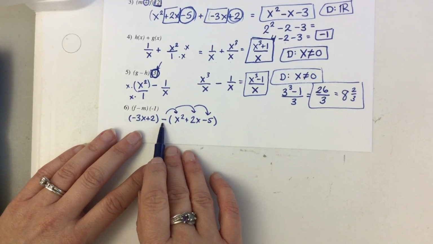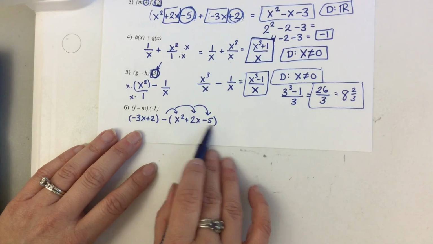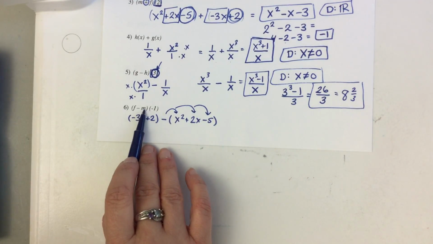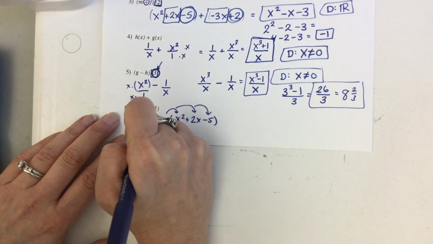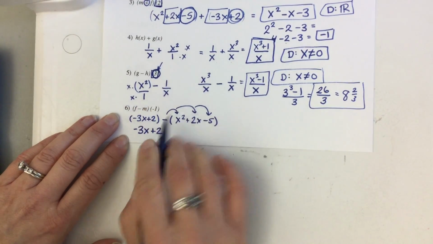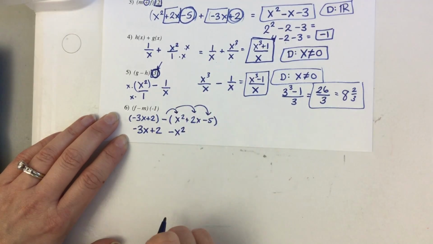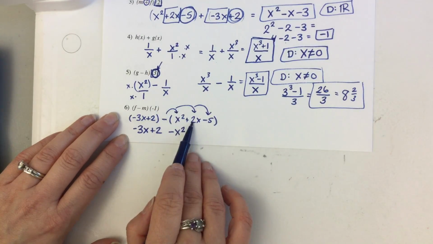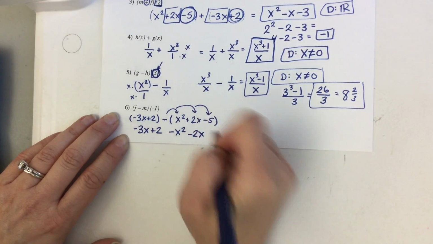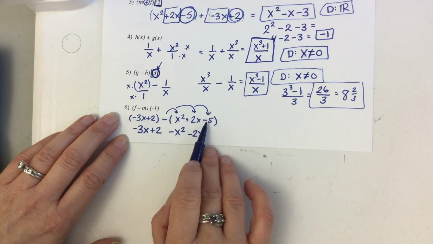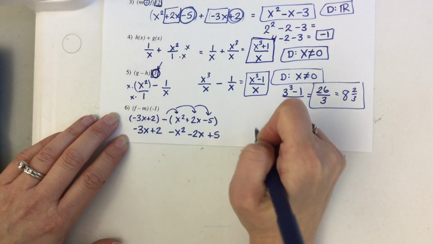So the negative needs to be distributed into every term of the m function. That gives me negative 3x plus 2. Negative times x squared is negative x squared. Negative times positive 2x is negative 2x. Negative times negative 5 is positive 5.